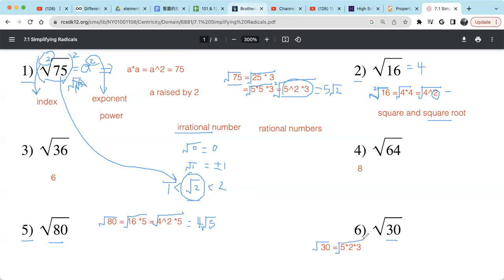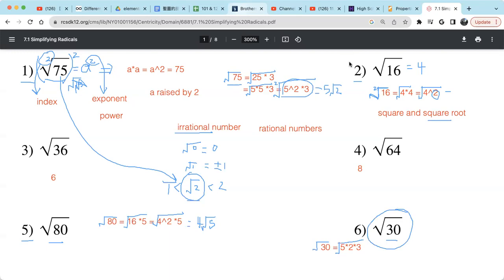We don't have squares inside. 5 is a prime, 2 is a prime, 3 is a prime. So this is prime factorization. It doesn't have more factors. So that means 5 is different from 2, 2 is different from 3. They're all different. There's no number squared. So we keep it as it is. Square root of 30 is an irrational number. We'll keep it as it is.